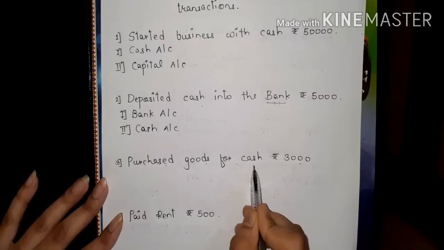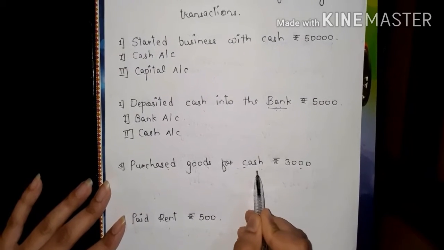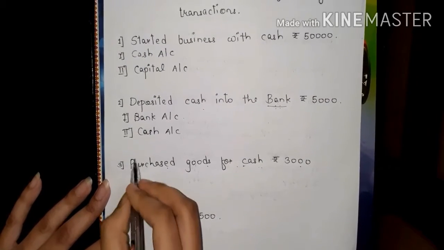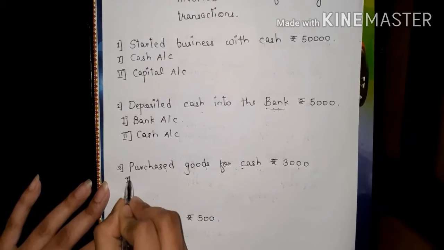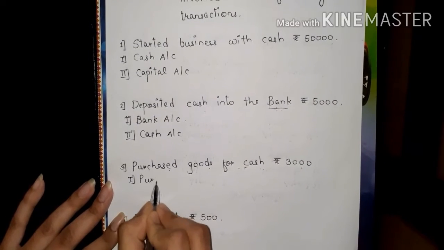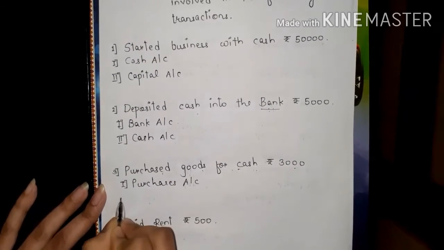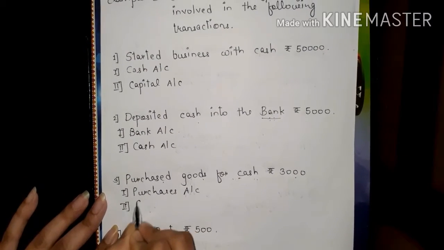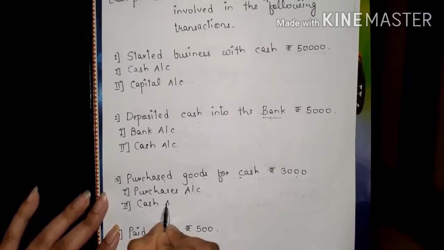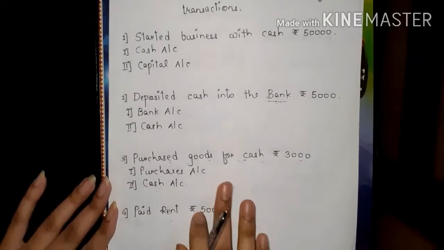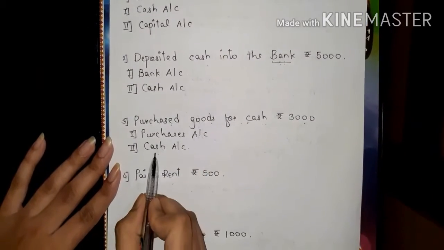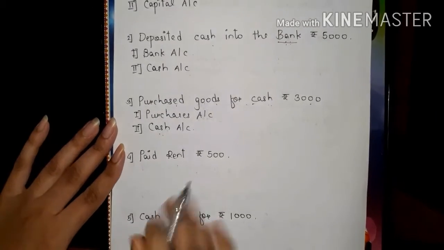We have directly made the payment in cash form. So one will be purchases account, as we have purchased goods, and the other is cash account because we have made payment in cash immediately. We haven't taken it in credit form. So another account will be cash account.